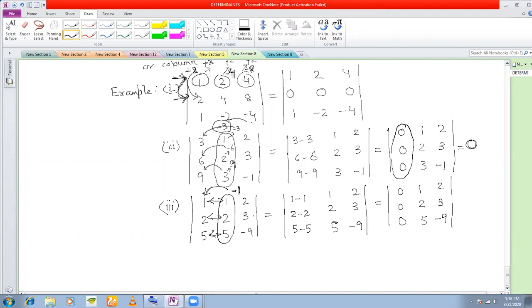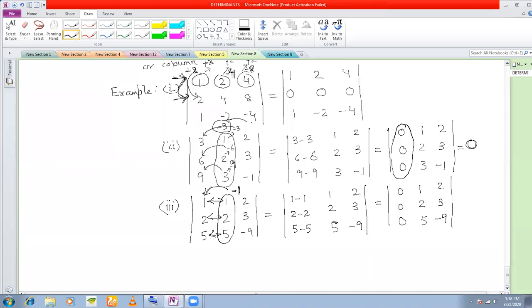This property gives us a basis by which any two rows or any two columns can be added or subtracted with each other. Understood? You choose any two rows, you can add, but remember, you cannot add a row and a column. Is it absolutely clear?